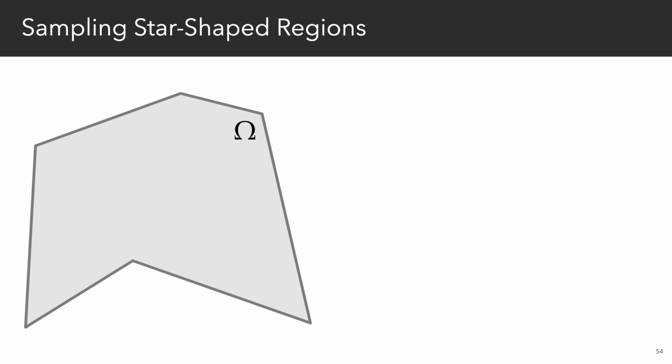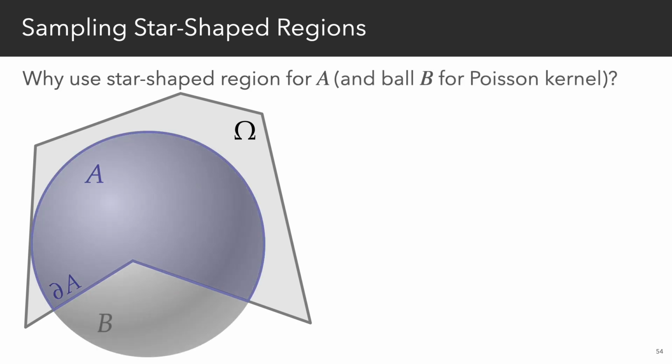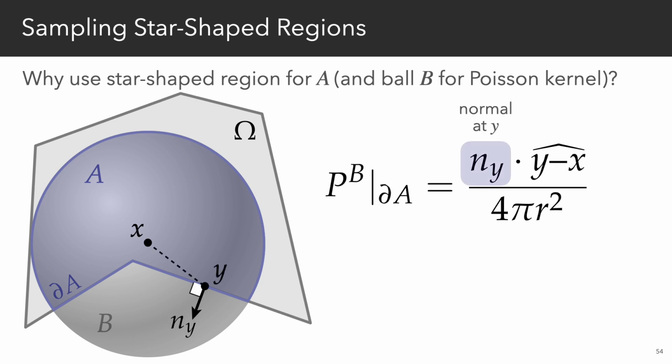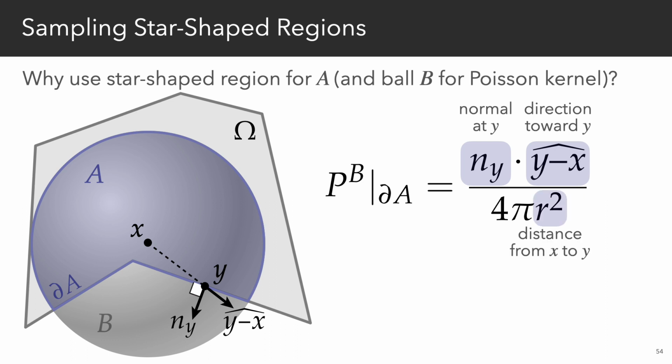Okay, so now why is this a good idea? Why use the star-shaped region A with a Poisson kernel for a ball? Well, if we're standing at a point x, then the Poisson kernel at y equals the normal at y, dotted with the unit direction towards y, divided by the squared distance from x to y. Some of you might recognize this formula as the sine solid angle, which also shows up in the area formulation of the rendering equation.